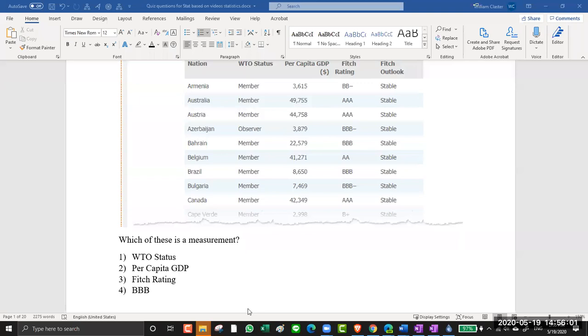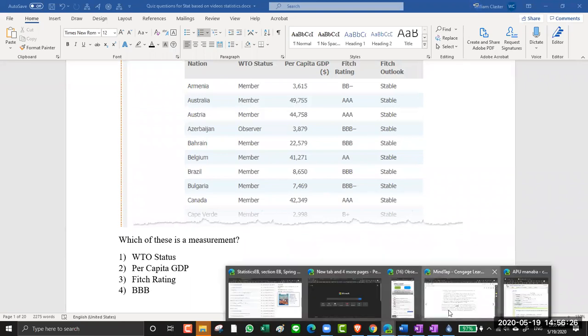Is that a variable? Is that an observation? Is that a measurement? It's a variable, right? It's not an element, not an observation, not a measurement. It's a variable.